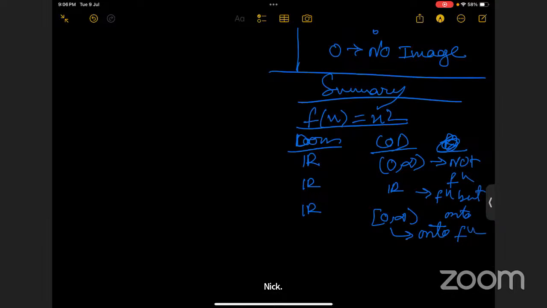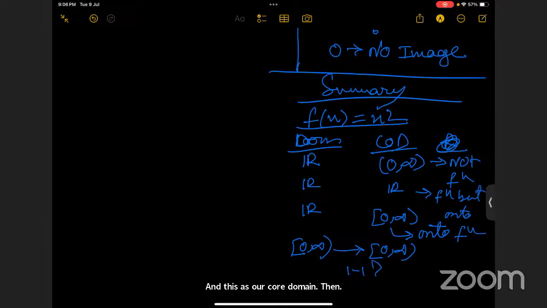Now suppose I take this as our domain and this as our codomain. Clearly this is onto because this is our codomain. But is it 1-1? No, ma'am, it won't be 1-1.